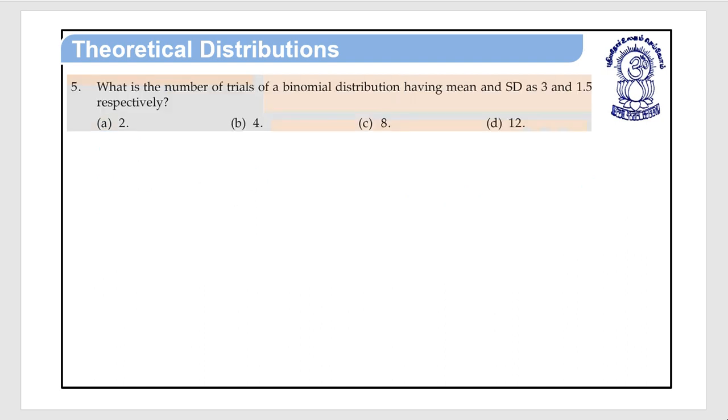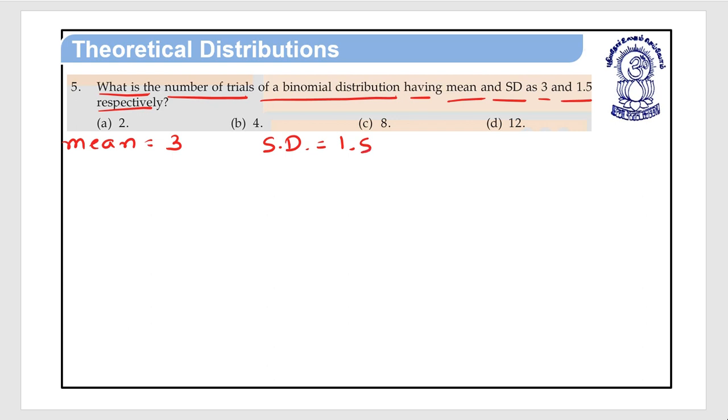Question number 5. What is the number of trials of a binomial distribution having mean and SD as 3 and 1.5 respectively? Here the given mean is equal to 3, standard deviation is equal to 1.5.